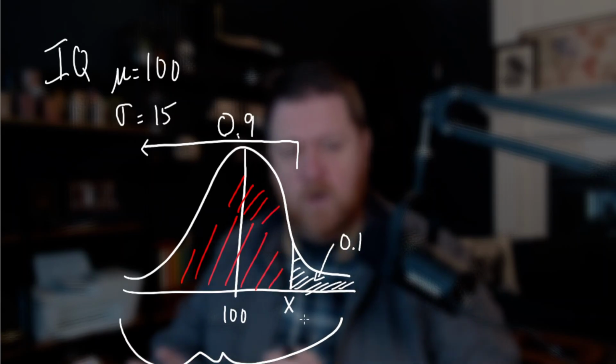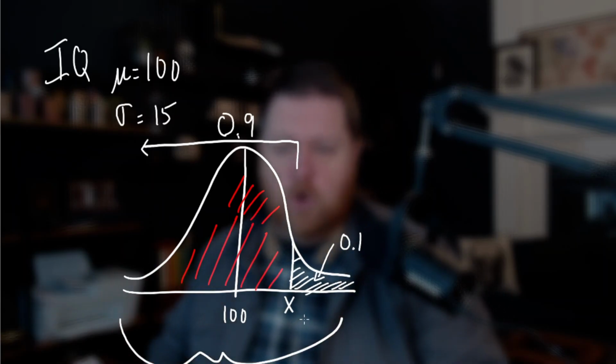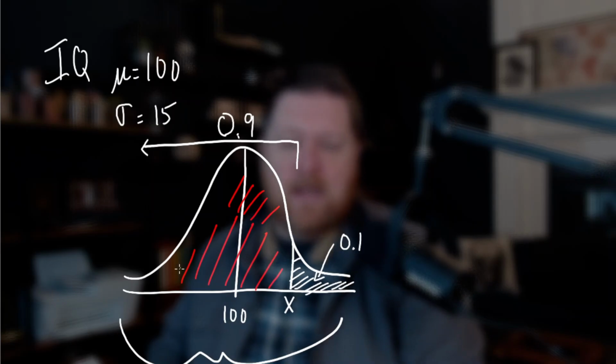If you have 0.1 to the right, you have 0.9 to the left, you add them together, and you get a total of 1. So now, we're looking for an X value that is higher than 90% of all of the values, which makes sense. It's lower than 10%, higher than 90%. So we need to go figure out, how do we find this?